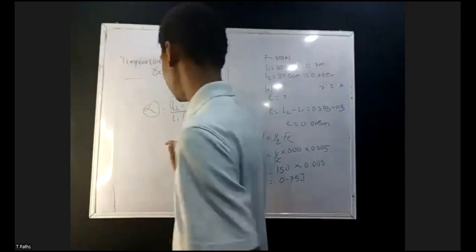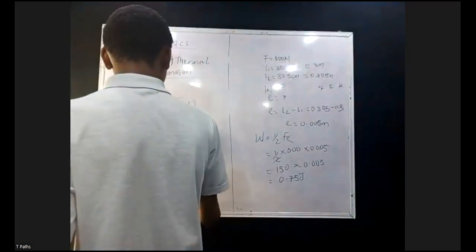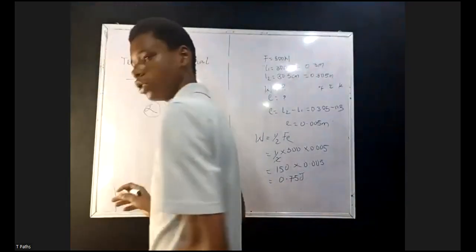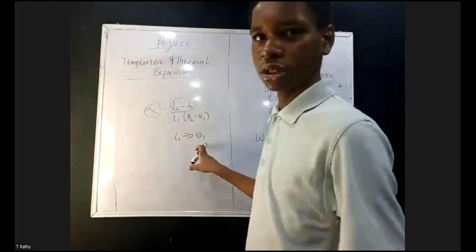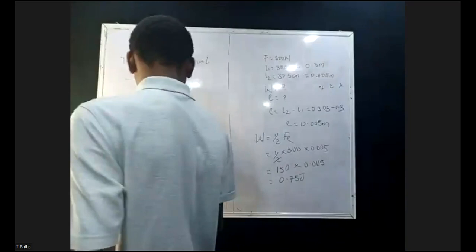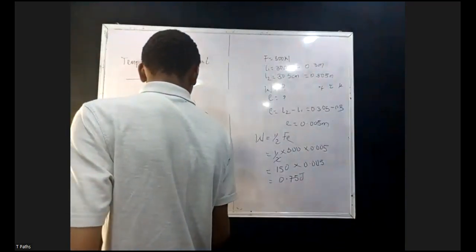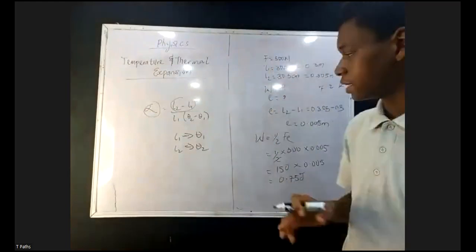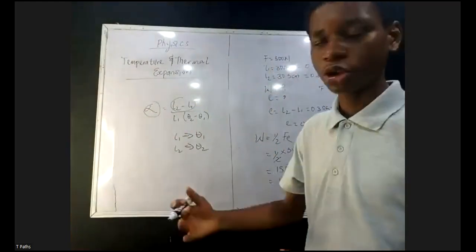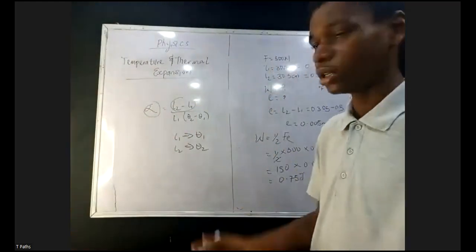What I'm saying here is that L1 is the length of the particular body at a temperature of theta 1, while L2 is the length of that same body at this particular temperature. Remember, when the temperature of objects increases, they tend to increase in size.